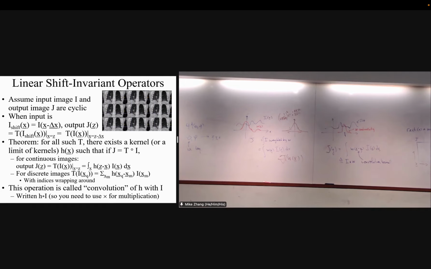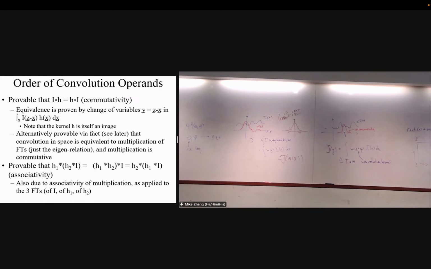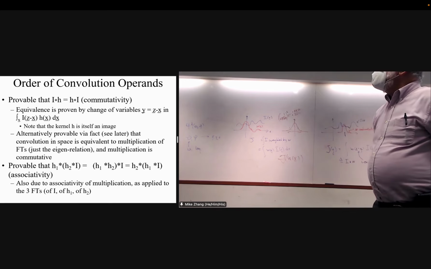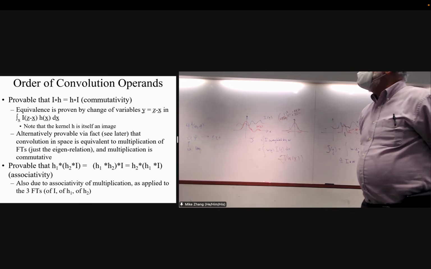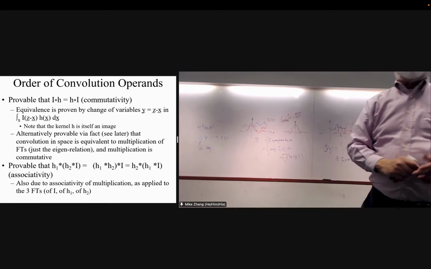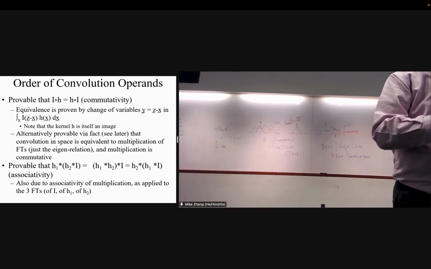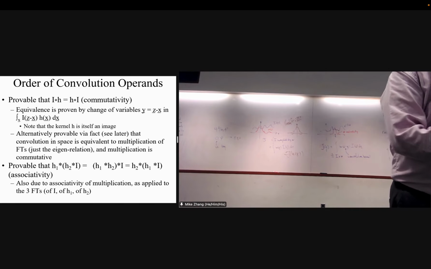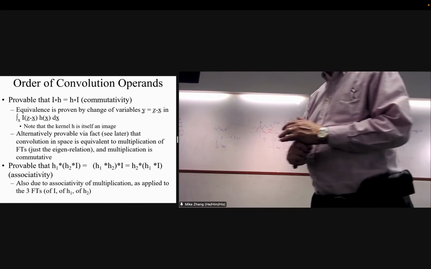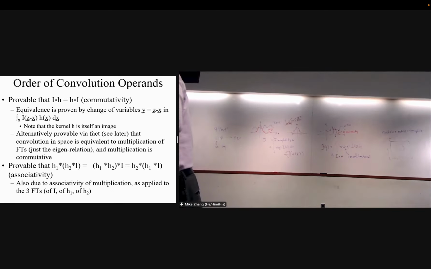Okay. So there are a few theorems that are important to understand. Okay, so the first thing is it's provable that an image convolved with a kernel H is the same as the H function thought of as an image, and the I function thought of as a kernel.